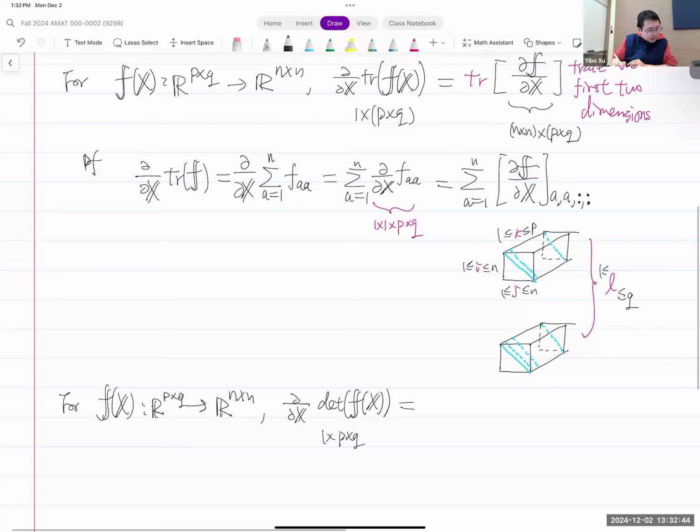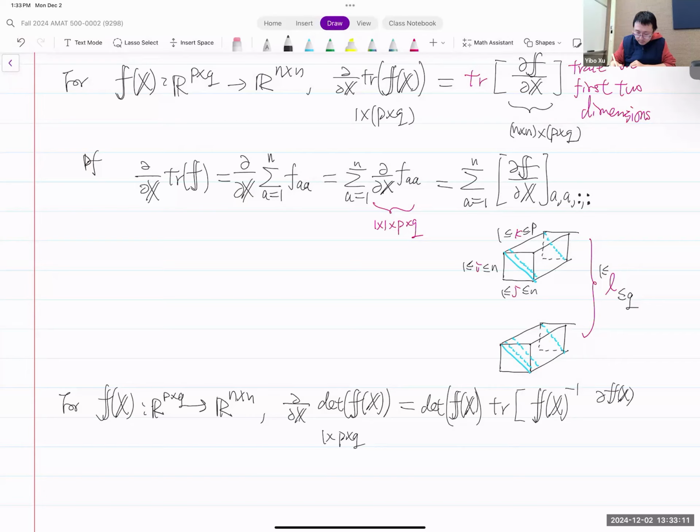But now the right hand side, let me write it down. In the book it's written as follows: the determinant again, which is a scalar, multiplying the trace of f of x inverse times del f del x.